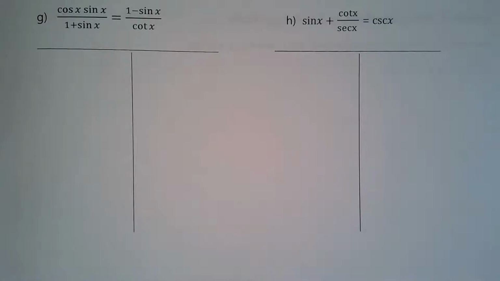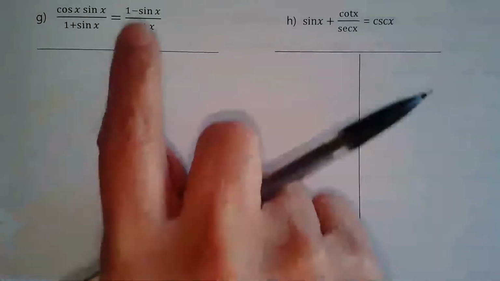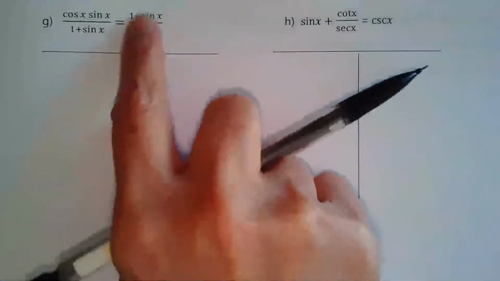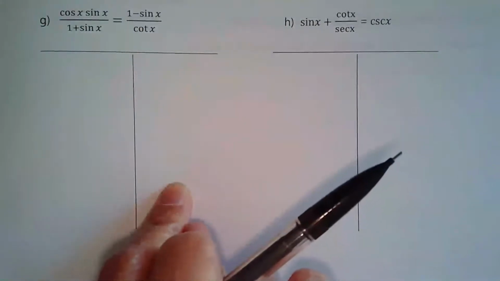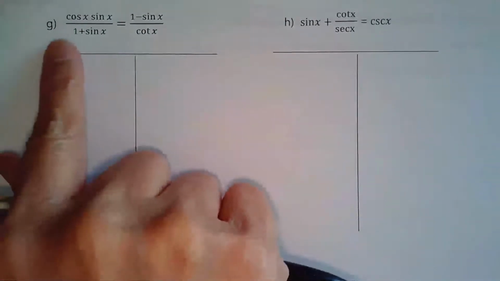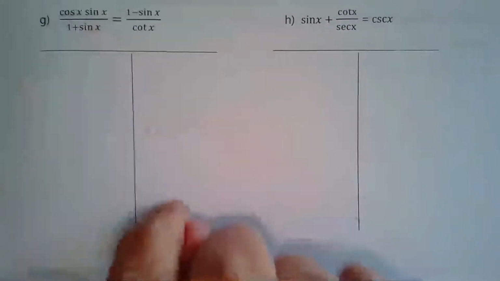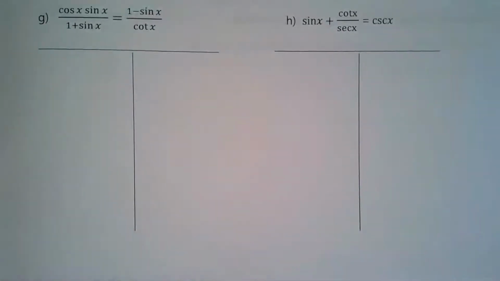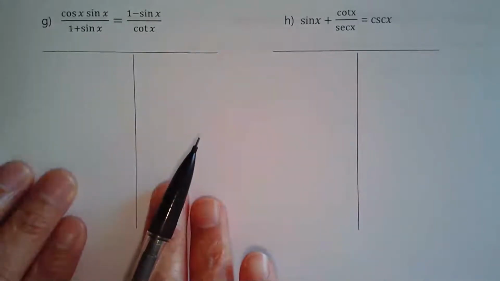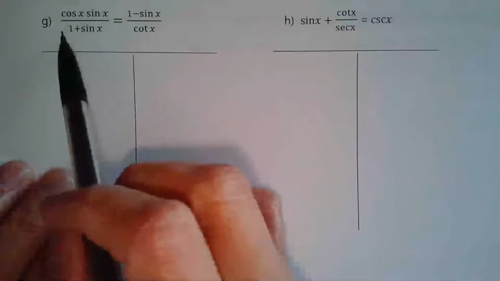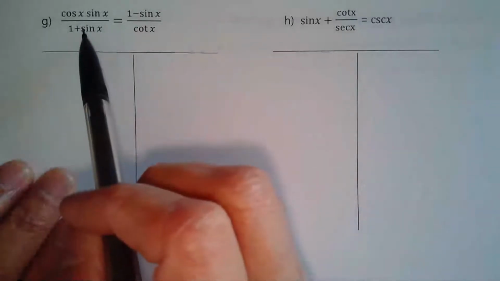So here's another thing. Let's say you start off with this one in here, and then you get stuck and you can't go on anymore, and you can't make it the same. Like you tried your best and you can't make them the same. What you can do is work out the other side.